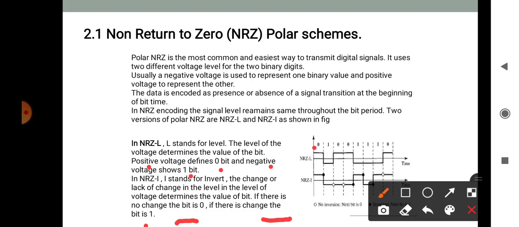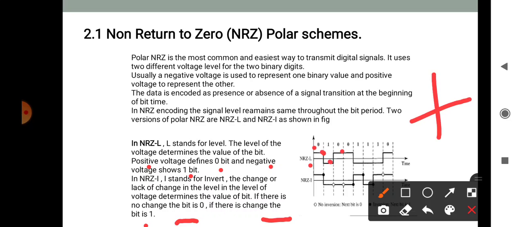So for 0 we draw positive voltage, then for 1 the negative side, then 0 at positive.